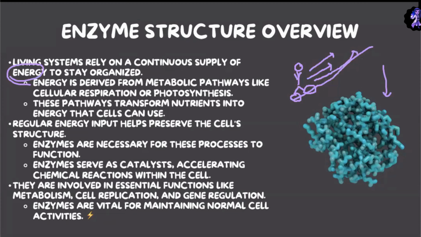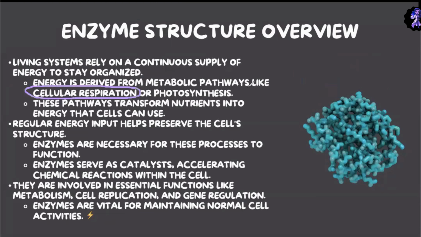The thing is, we need energy for a lot of things in our body, such as breathing, or in plants, what is called photosynthesis. Basically, cellular respiration, which we use as humans, and photosynthesis are two processes that either consume or use up energy or release energy.